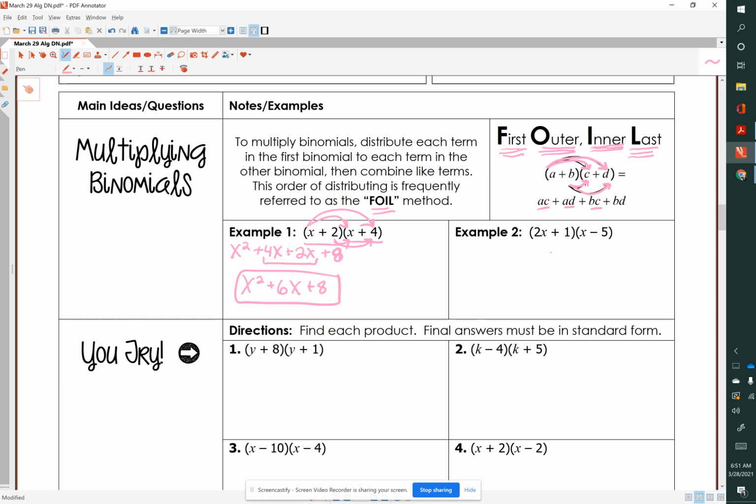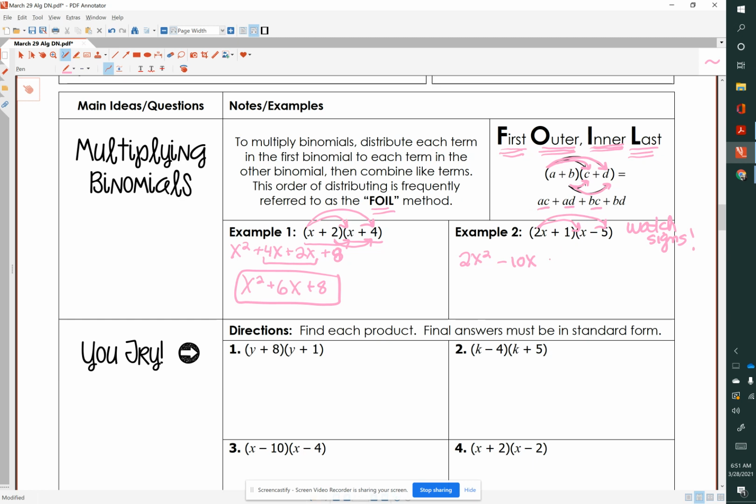So let's look at the subtraction example. You really need to watch the signs, okay? This is what you have to be careful about. So 2x times x is 2x squared. The outer terms, 2x times negative 5 is negative 10x.